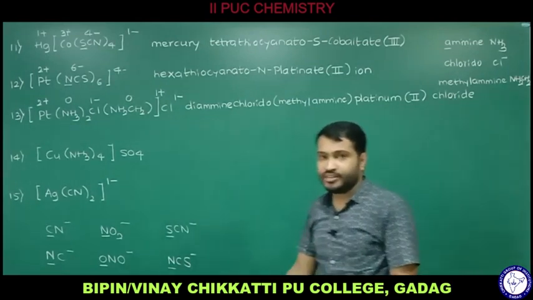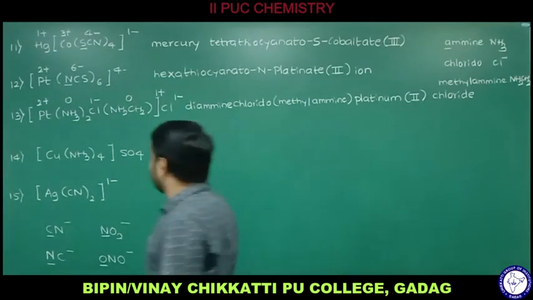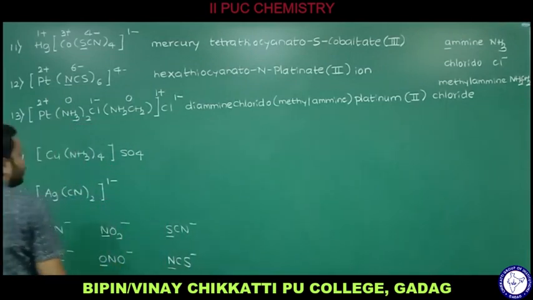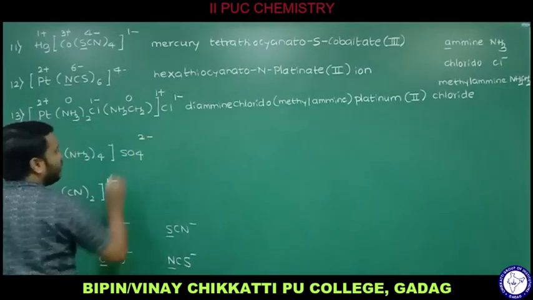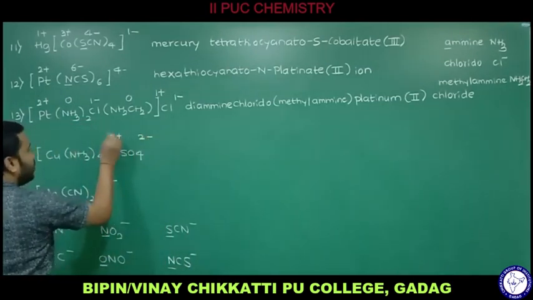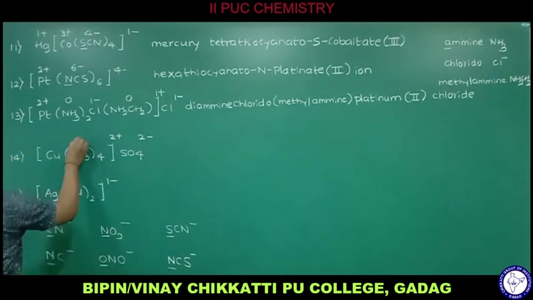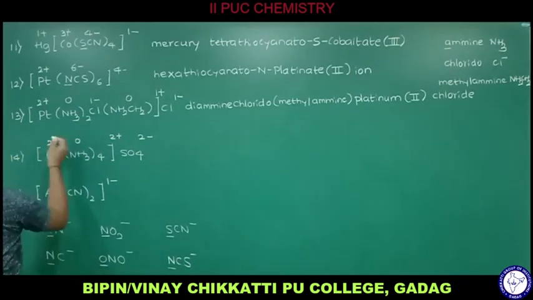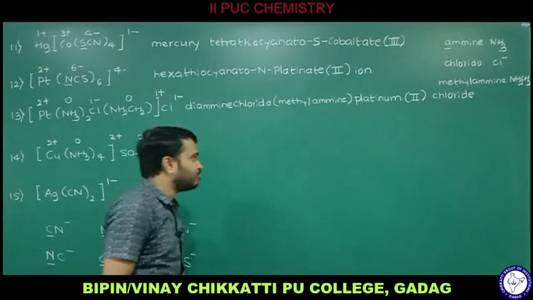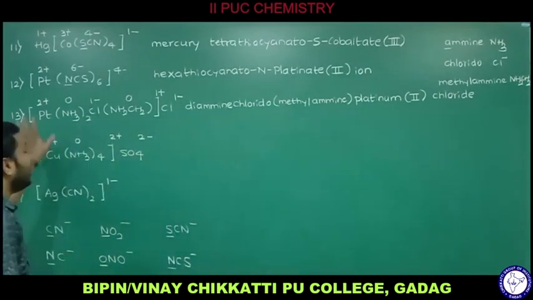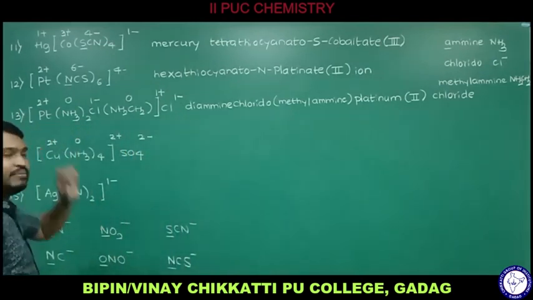Example number 14. Cu(NH3)4 SO4. SO4 would be 2 minus, therefore this should be 2 plus. And NH3 is a neutral ligand, 0, copper will be 2 plus oxidation number. Very simple to calculate the oxidation number of the central metal atom. Cationic complex, ligand name has to be written first.